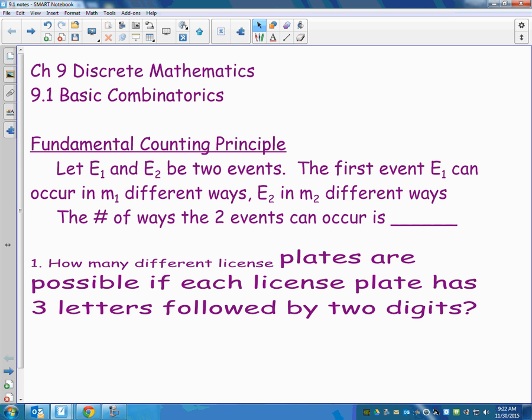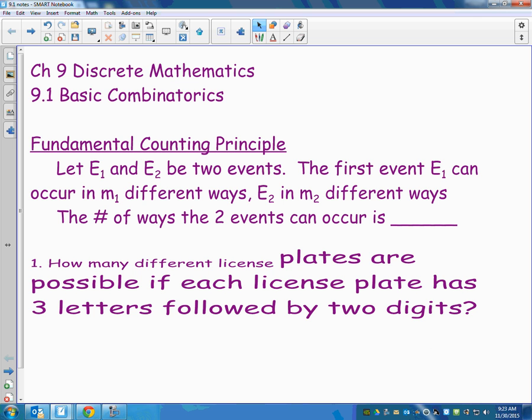Alright, so this sounds kind of complicated, but it's really not. If you have two events, and the first event can happen in so many ways, I call it M1, and the second event can happen in M2 ways, the number of ways that the two events can occur, this is like an SAT problem, well, used to be when I took the SAT. If you have 3 pair of pants and 7 shirts, how many different outfits can you make?